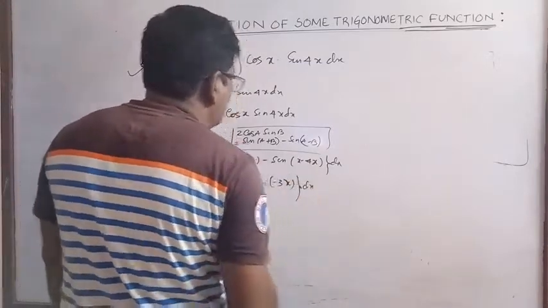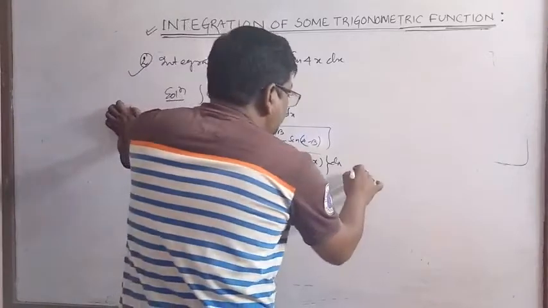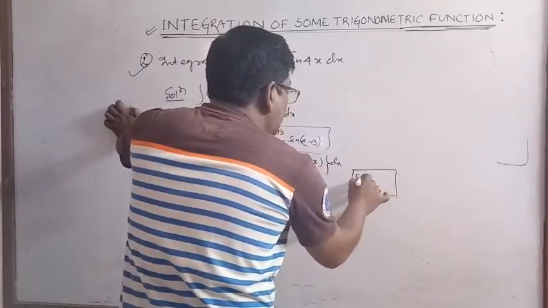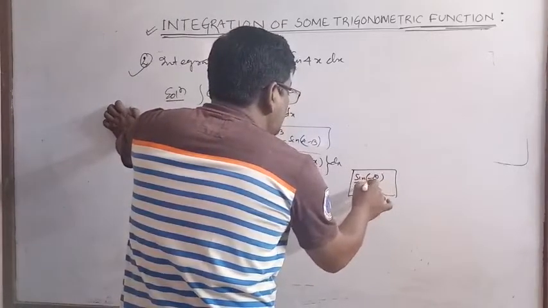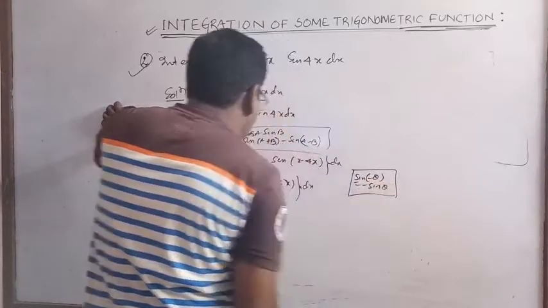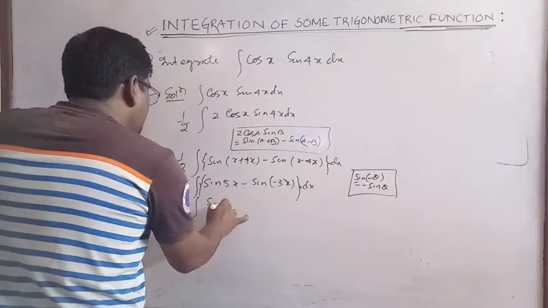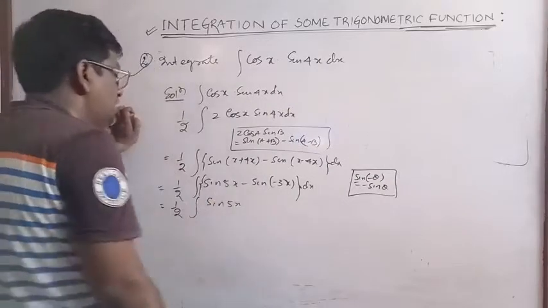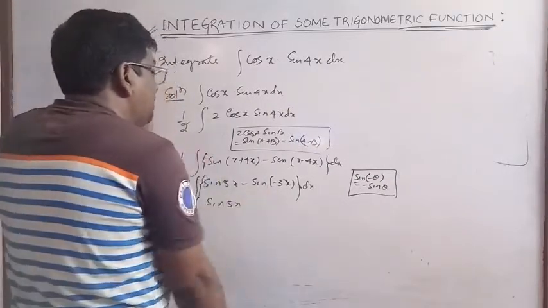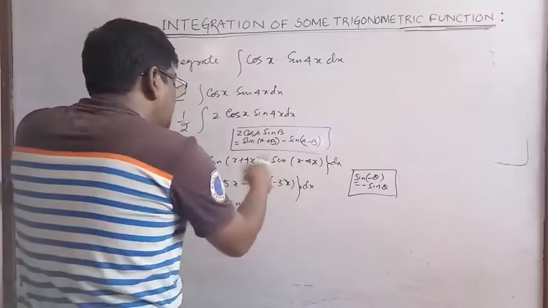We know what is sin of minus theta. Sin of minus theta equal to minus sin theta. So this is equal to 1 by 2 sin 5x, sin of minus 3x means what? Minus sin 3x.